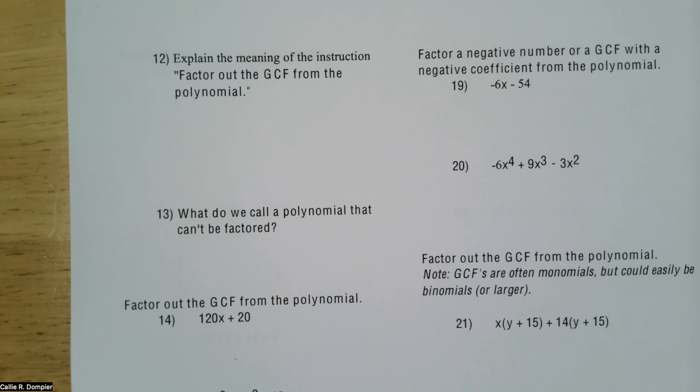So the answer sheet says to factor a term means to rewrite the term as a product. So to factor out the greatest common factor from the polynomial means rewrite the polynomial as a product, or a multiplication problem, including the greatest common factor and whatever is left over. You pull the greatest common factor out of each term and you put it in front, right?